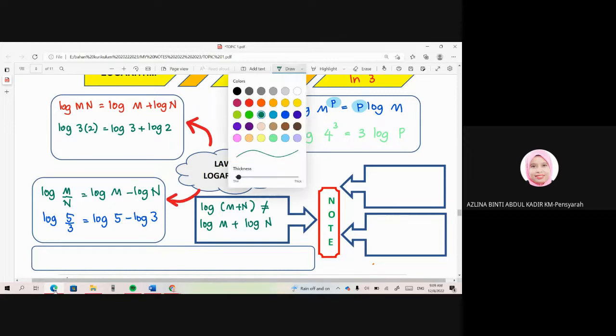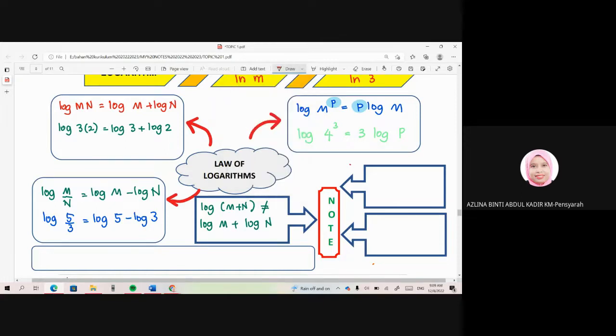You compare with the first law. It looks the same, but it is not the same. Where is it different? This is m plus n. This one is m times n.